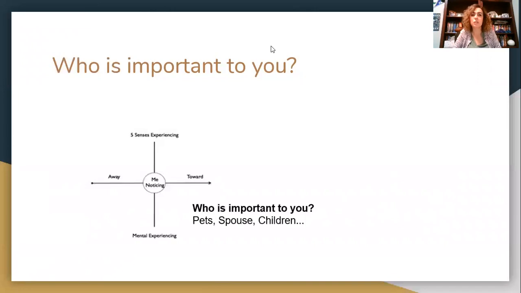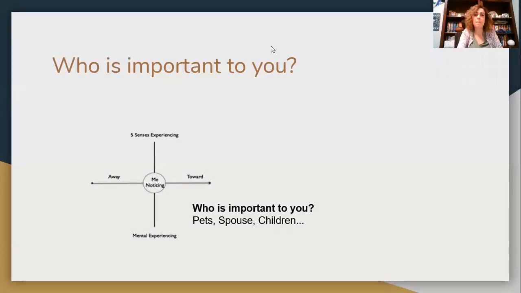So the list is going to look very different on who or what is important to you, right? And those are your values. And those are very different than your goals, because your goals are constantly changing. Once you've accomplished them, then you cross them off your list and then you set new goals. But these are things that you value. That's what's going in this quadrant.